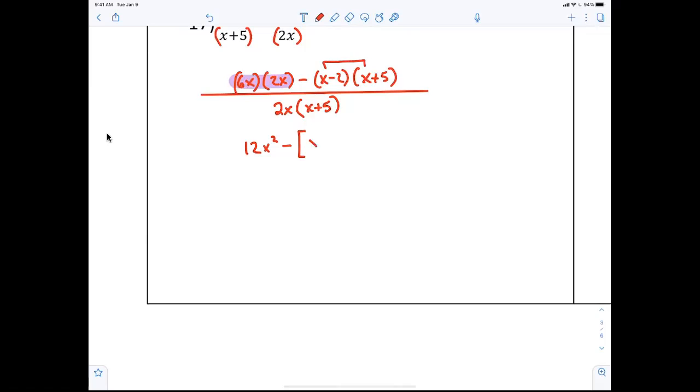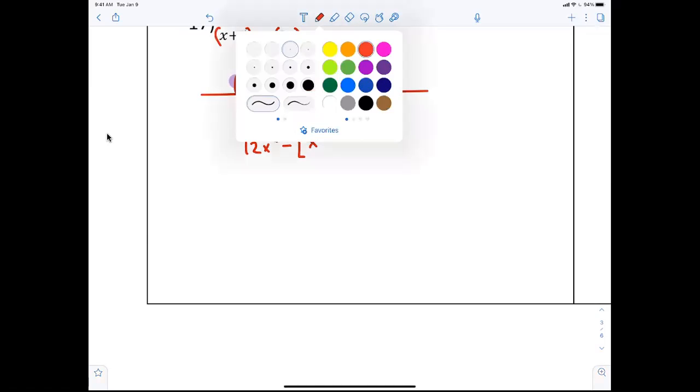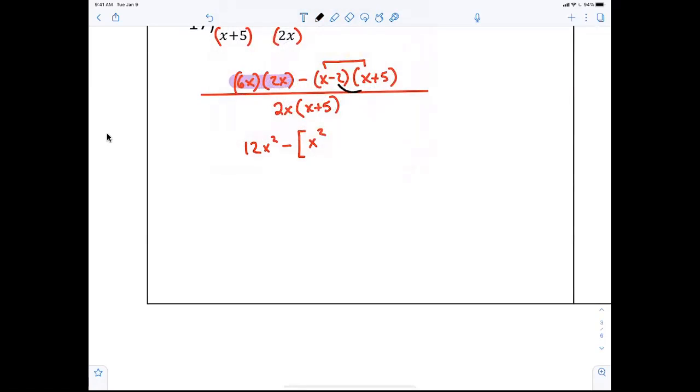Then negative 2x plus 5x, so just positive 3x. And then minus 10, close the bracket, all over 2x times x plus 5.